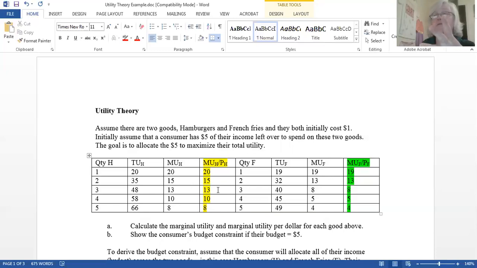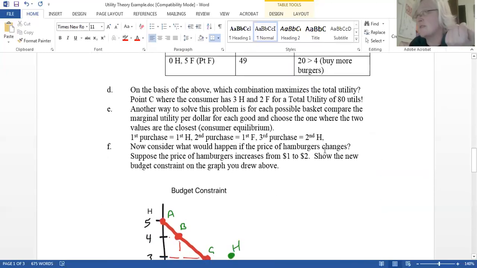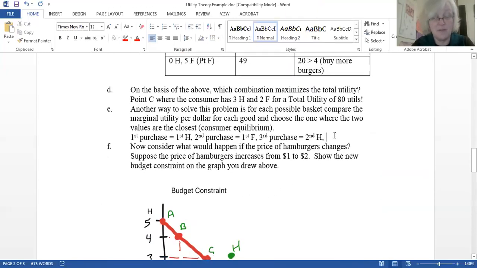I spent my $5, and look at that. The marginal utility per dollar for the last hamburger bought and the last French fry are in fact equal, okay? So in this case, fourth and fifth equal my third hamburger.